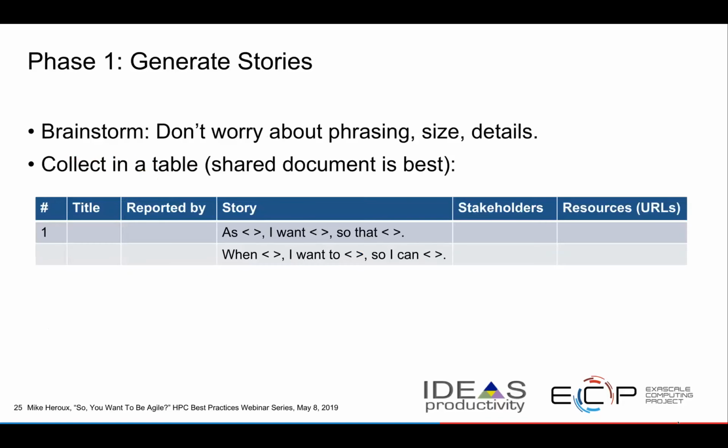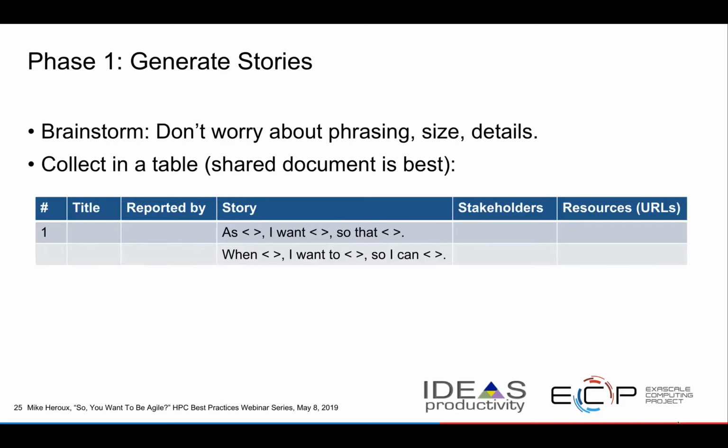So what are the phases of this in my experience? The first phase is just to generate stories and to brainstorm. Don't worry about the phrasing. Don't worry about the size or the details. I find that using a table like the one I just showed on the screen here is a really good way to get people to put content in. And so in my situation, you use multiple people who are trying to contribute to the stories, writing them.